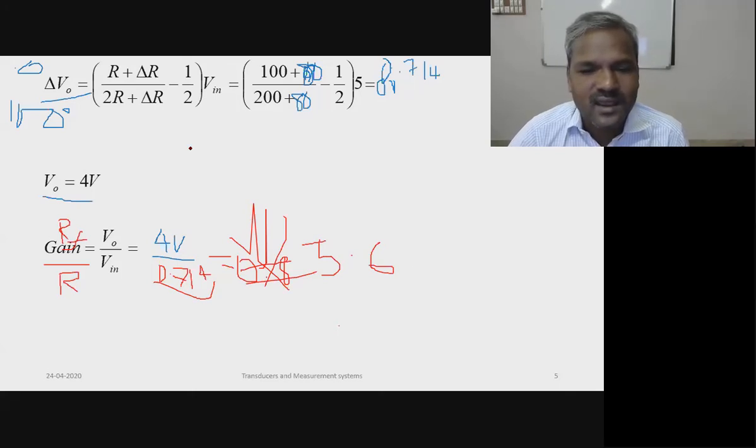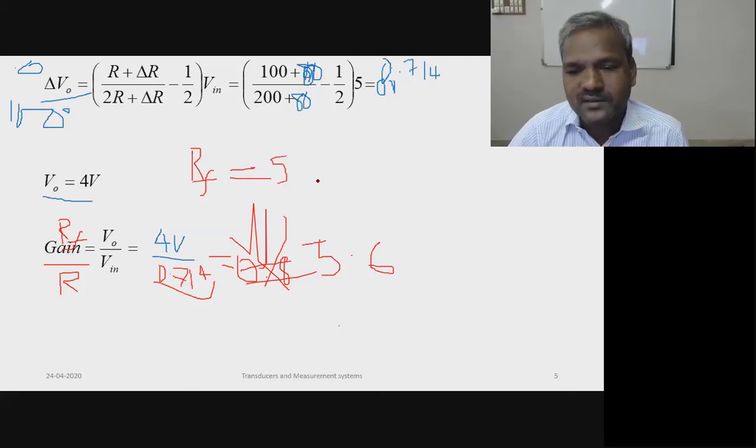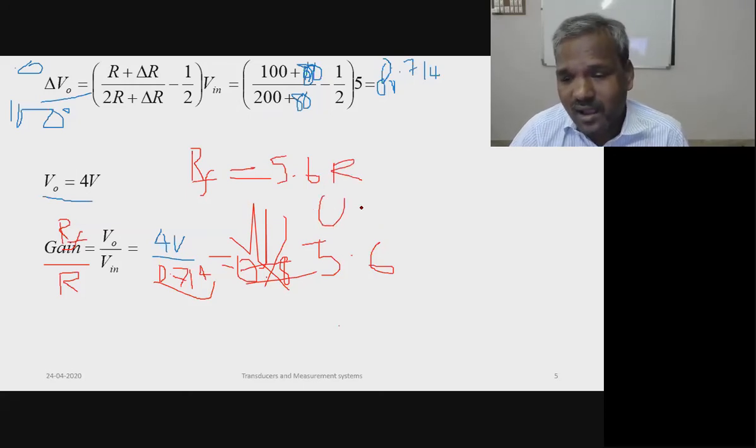So what is RF? RF should be 5.6 times R. Now we have to choose this R. Choose R equal to 1K.